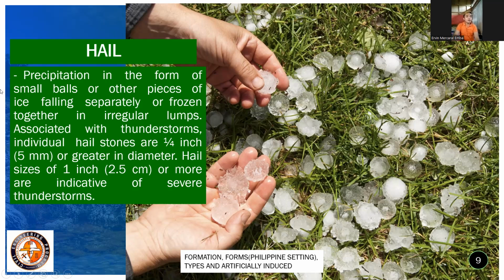So if we encounter thunderstorms, we can observe the presence of hail. That makes sense. So let's proceed.